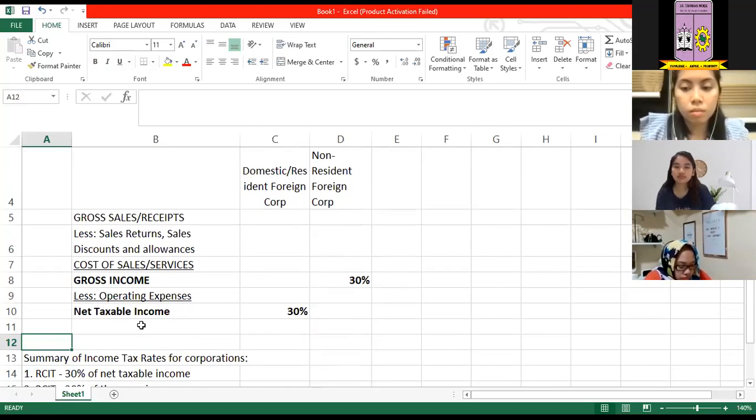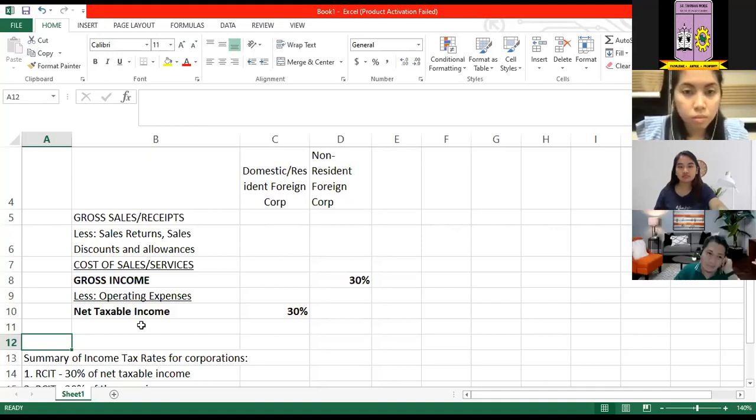Yung manufacturing concern naman, manufacturing company, bumibili ka ng raw materials and then you process the raw materials para maging finished product siya. Anong example niyan? Gaya ng furniture shop. Yes, exactly. Pwede.